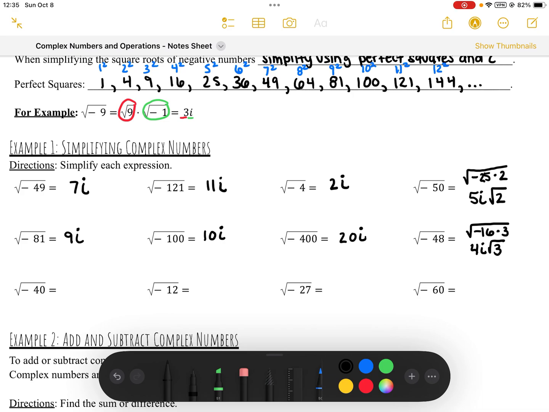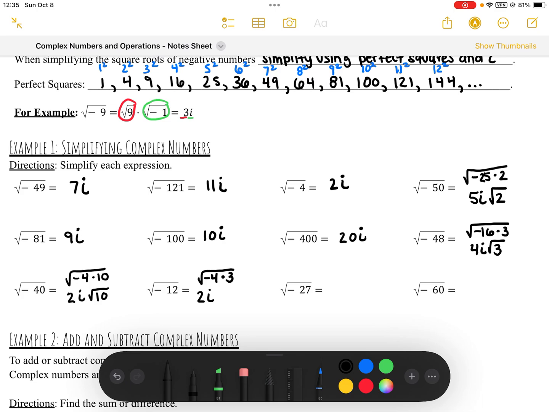Square root of negative 40. 40 is not a perfect square, but I can rewrite that as negative 4 times 10. Square root of negative 4 is going to give me 2i, and then I still have the square root of 10. So 2i times the square root of 10. Square root of negative 12. 12 can be simplified as negative 4 times 3.